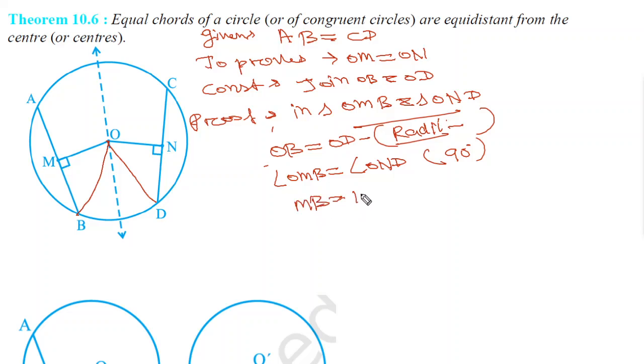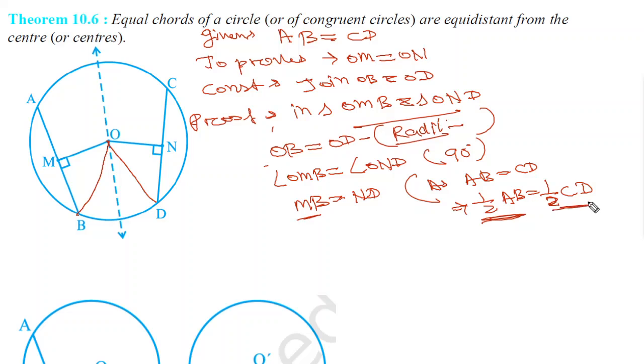MB equals ND. Give reason as AB equals CD. Implies that 1 by 2 AB equals 1 by 2 CD, and 1 by 2 AB is MB, and 1 by 2 CD is ND. Look at the figure. Implies now two triangles will be congruent.